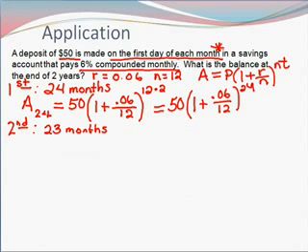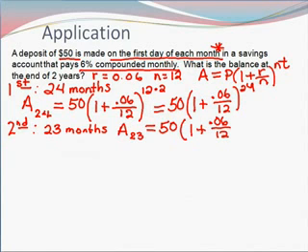So your new equation for the second deposit is A23 equals 50 times 1 plus 0.06 over 12, and now we're at 23 months, so your power is 23.